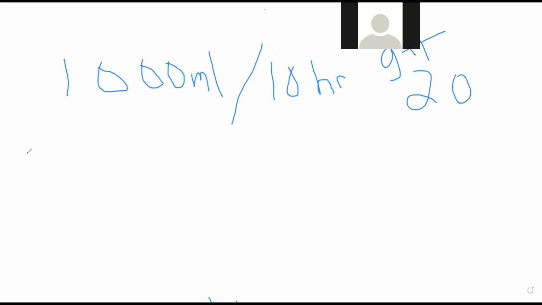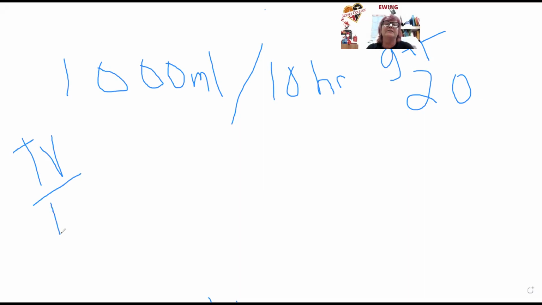So for this problem, anytime you're asked for drops per minute, you need your total volume, which is always going to be in mLs, over your time in minutes, times your drop factor. Okay. So we already have our total volume because that's 1,000 mLs, because it's always in mLs. So we have 1,000.